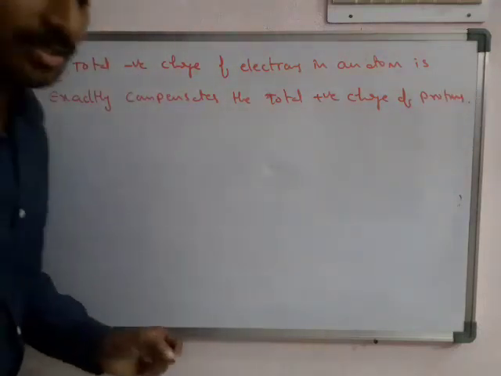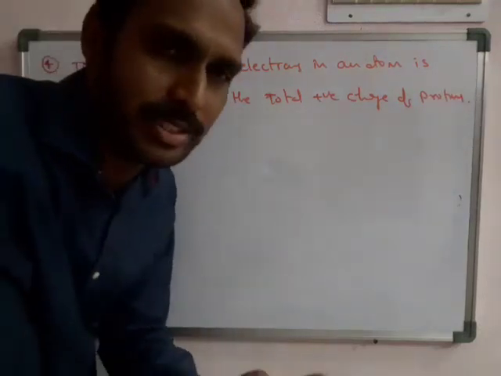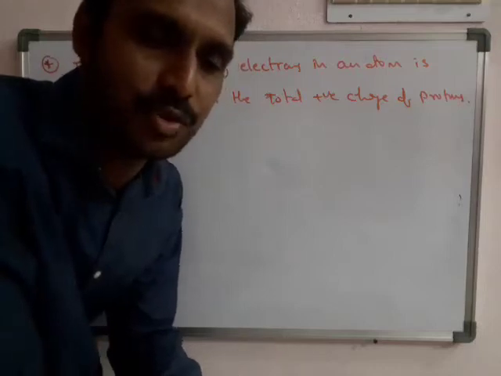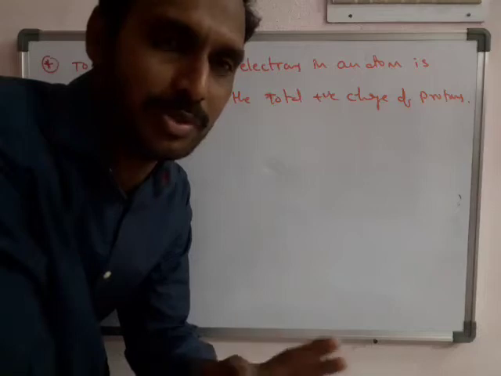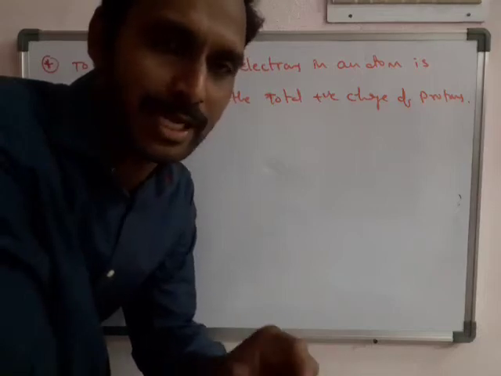So the total positive charge and negative charge are exactly equal. So that's why this theory was also able to explain the neutrality. Atoms are neutral.